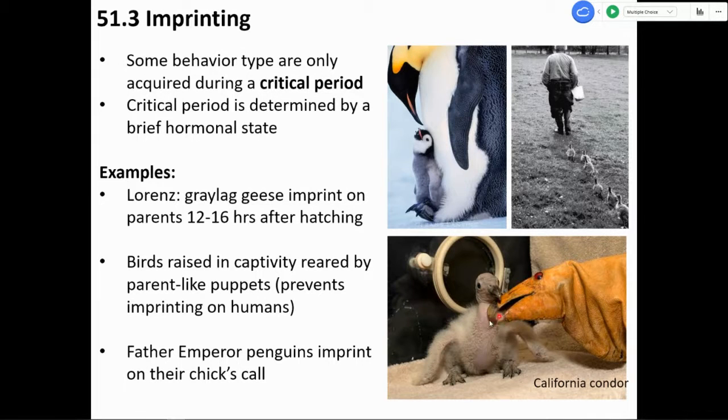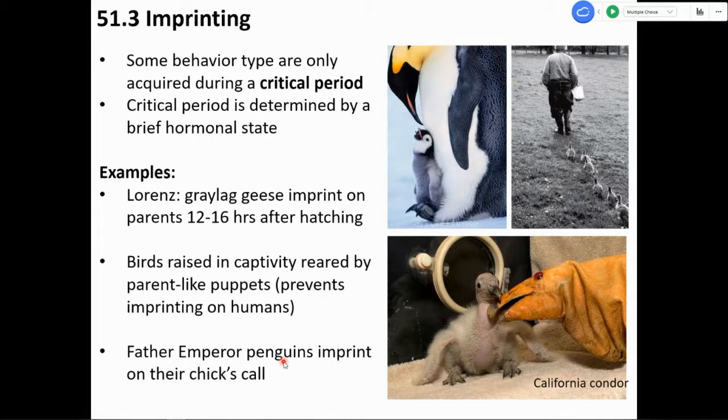Another good example of this is with father emperor penguins. They lay their eggs about 150 kilometers from shore, and the mother and father take turns walking all the way back to the coastline, foraging, and then coming back to the chick again to feed it.